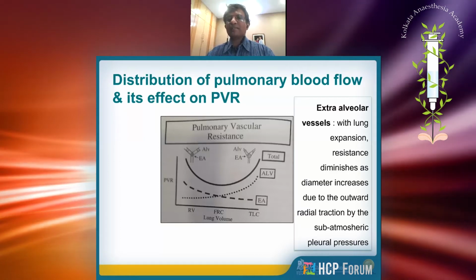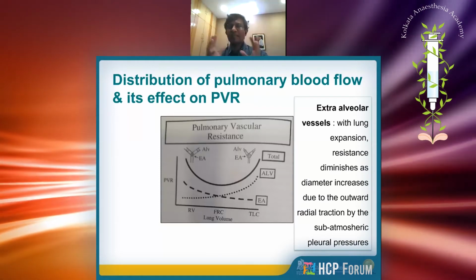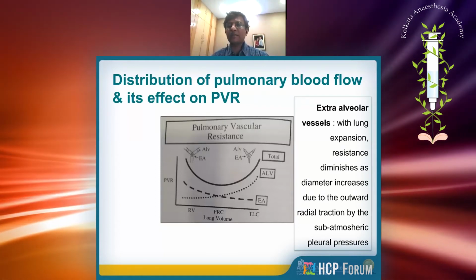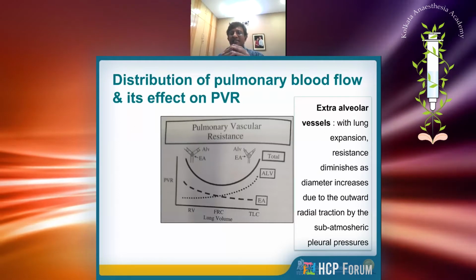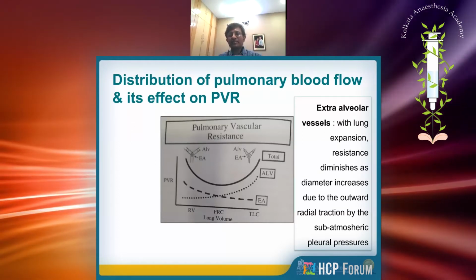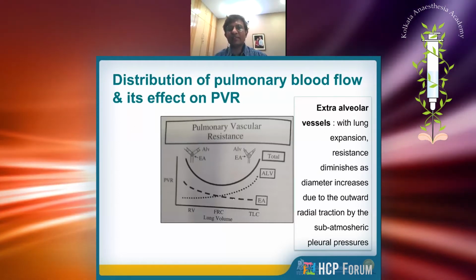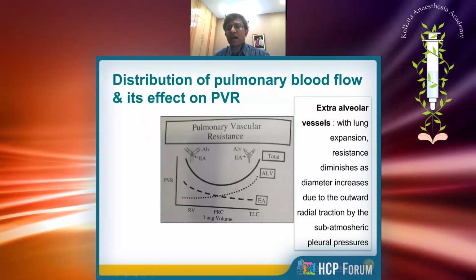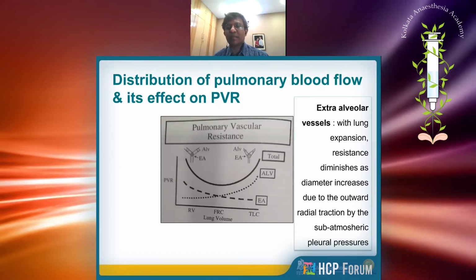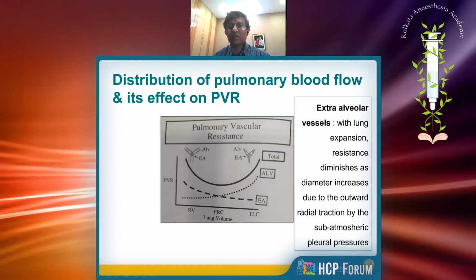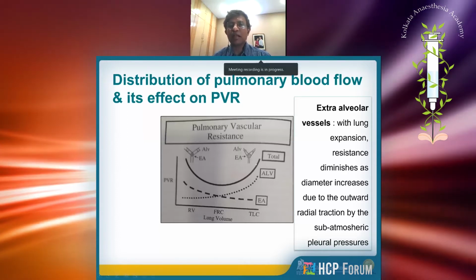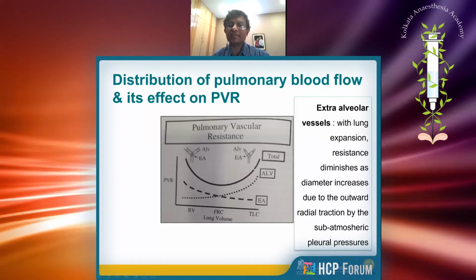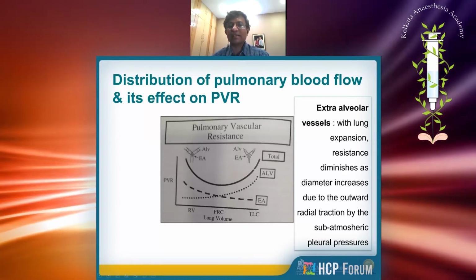The extra-alveolar vessels, with lung expansion, the resistance diminishes. And why does it diminish? Because the diameter of the extra-alveolar vessels, you can see here, increases due to the outward radial traction of the subatmospheric pleural pressure. So at total lung capacity, you'll find the resistance is the lowest in the extra-alveolar vessels.